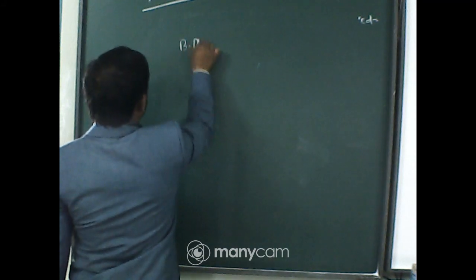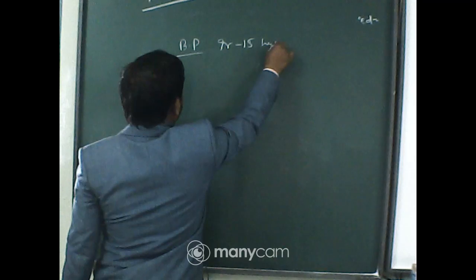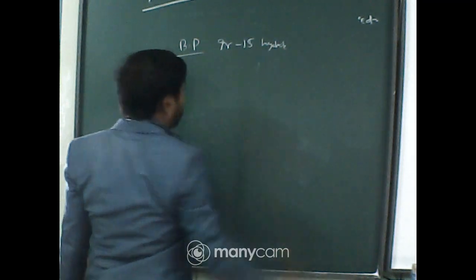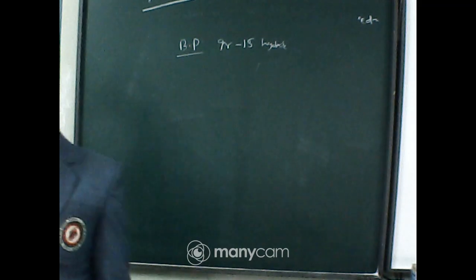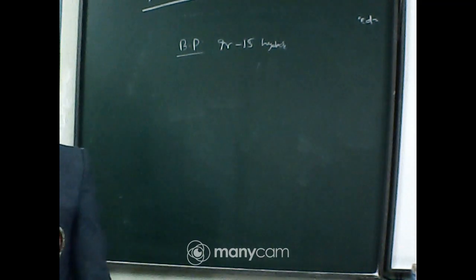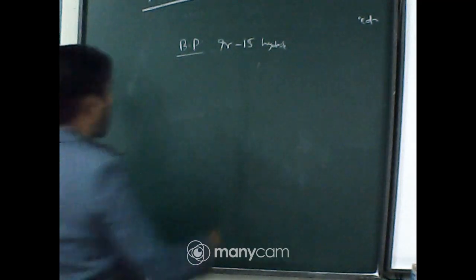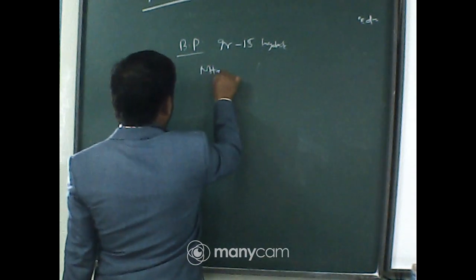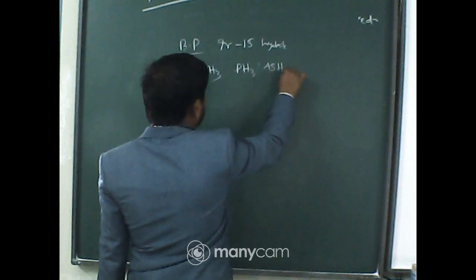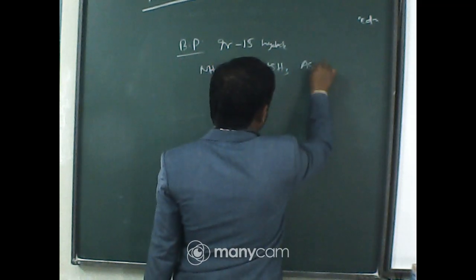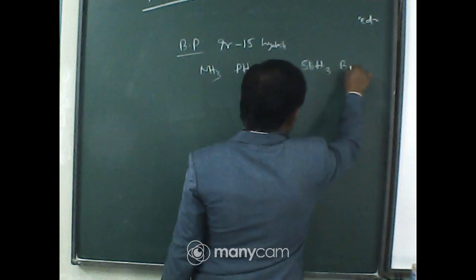In the group the compounds are nitrogen, phosphorus, arsenic, antimony, bismuth.